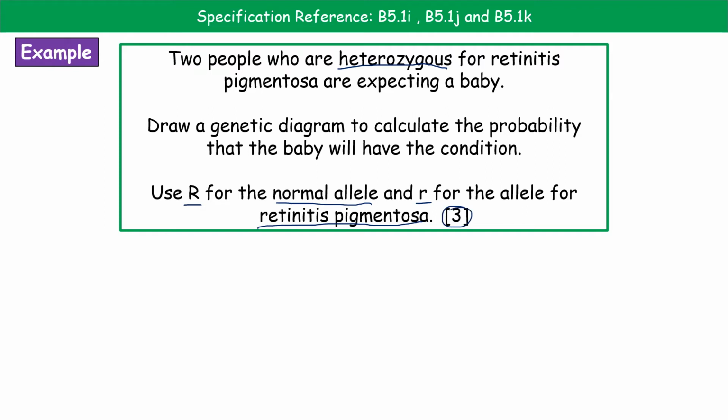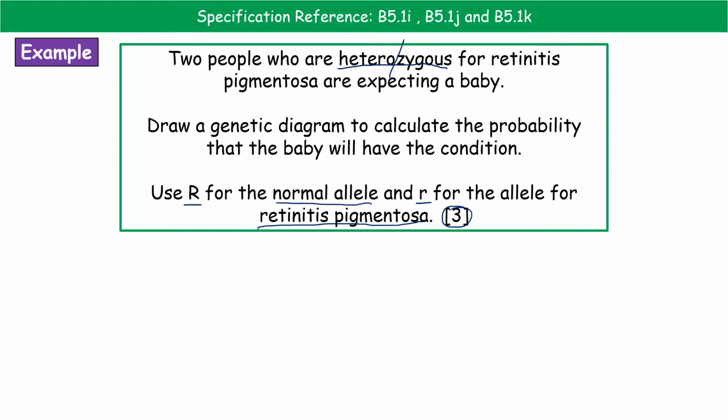Now, first thing, heterozygous. Break it down. Hetero means different, zygous is meaning alleles. So what we have then in our parents, they are not going to have retinitis pigmentosa, okay?